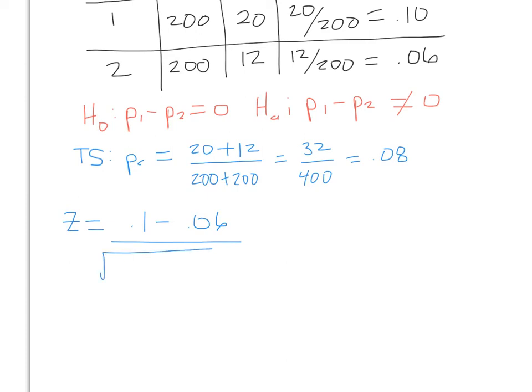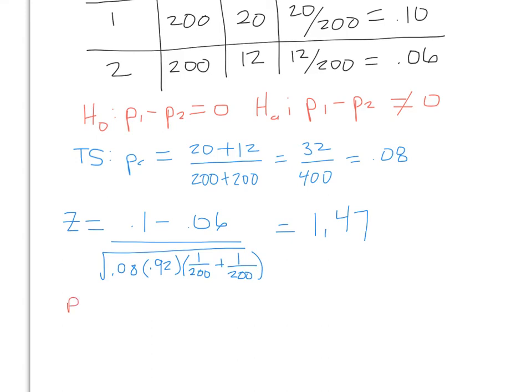So that's square root of pc, so that's 0.08, times 1 minus that, which is 0.92, times, we got to add together 1 over the first sample size of 200 plus 1 over the second sample size, which is also 200. Okay, so if we calculate that, we end up with a z value of 1.47.